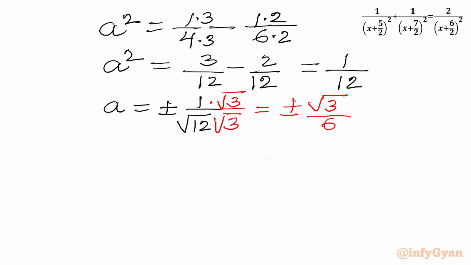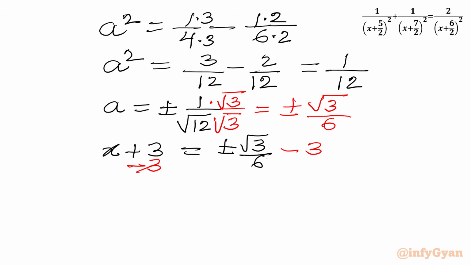Now a was our substitution, x plus 3. So in place of a we will write x plus 3 equal to plus minus square root 3 over 6. Now we have to subtract 3 from both the sides so that we will get our real solutions. Plus 3 minus 3 will get cancelled out. We will get x equal to minus 3 plus minus square root 3 over 6.